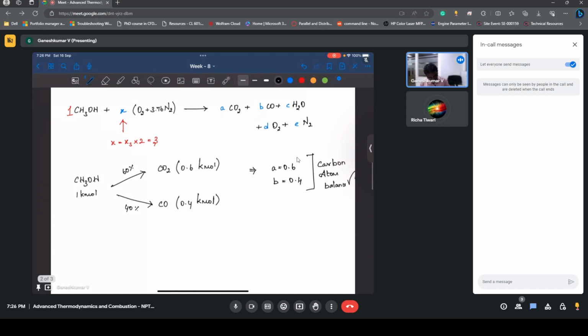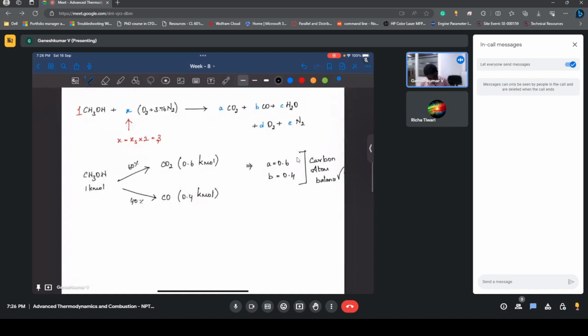That's because the system is closed. So let's write a hydrogen atom balance. Hydrogen here would be the same, 4. 4 would be equal to 2C, so C will be equal to 2. Similarly, if I write the oxygen atom balance, it would be 1 plus 2 times X, which will be equal to 2A plus B plus C plus 2D.